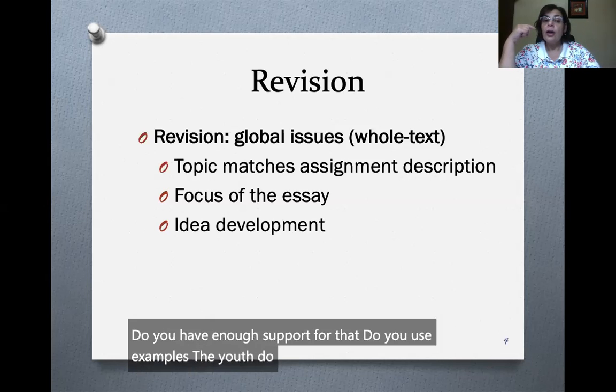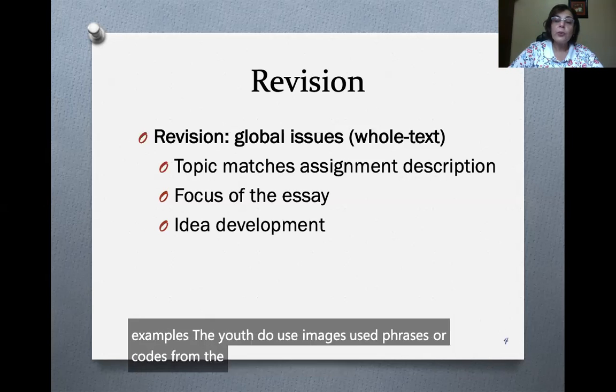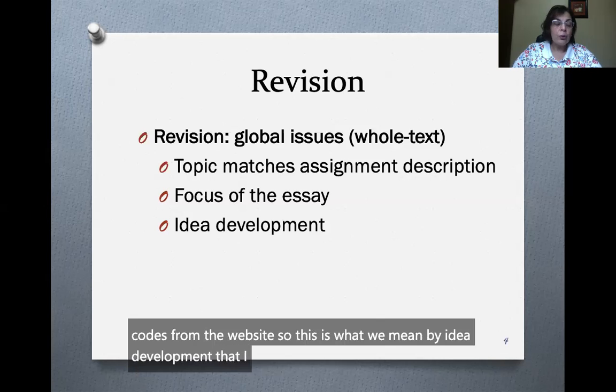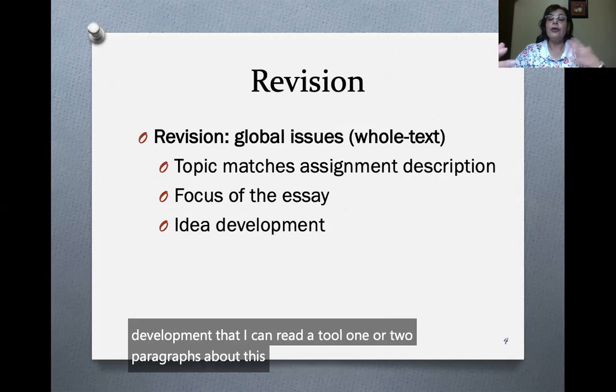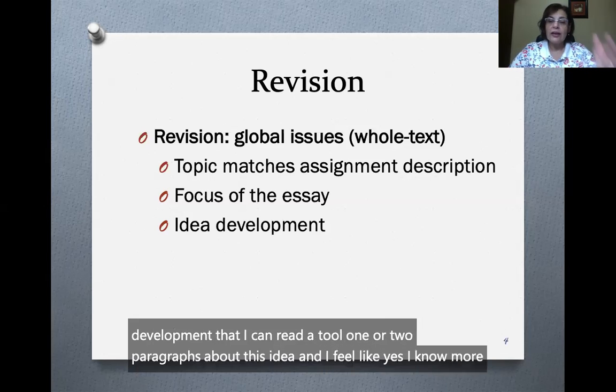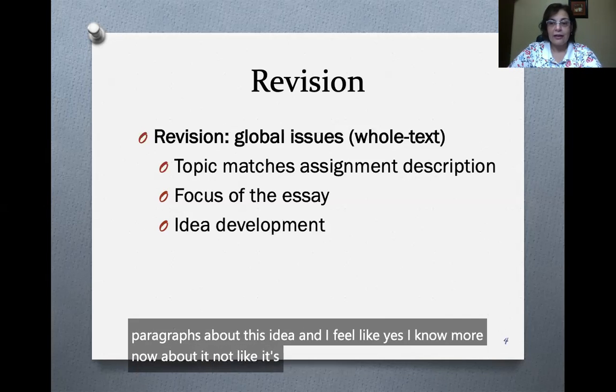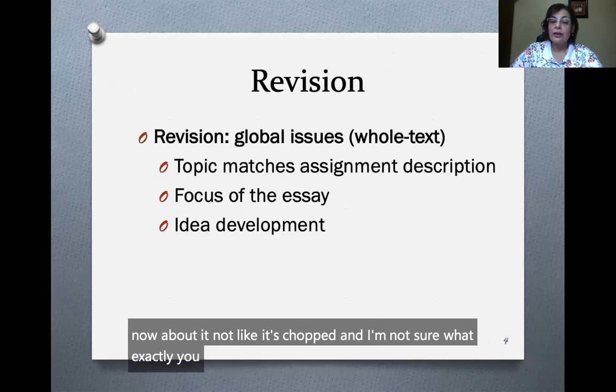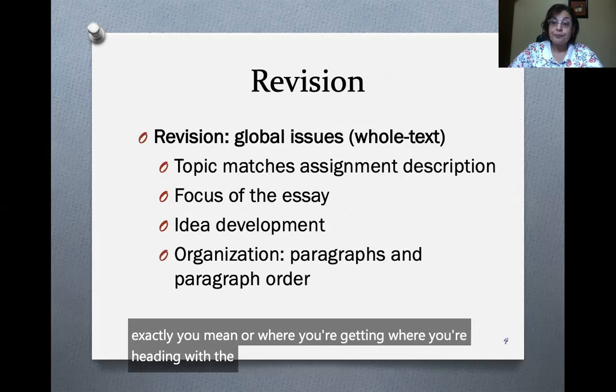Do you use phrases or quotes from the website? This is what we mean by idea development: I can read one or two paragraphs about this idea and I feel like, yes, I know more now about it. Not like it's chopped and I'm not sure what exactly you mean or where you're heading with the idea.